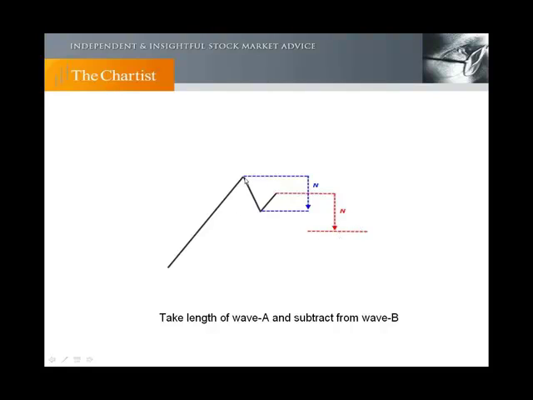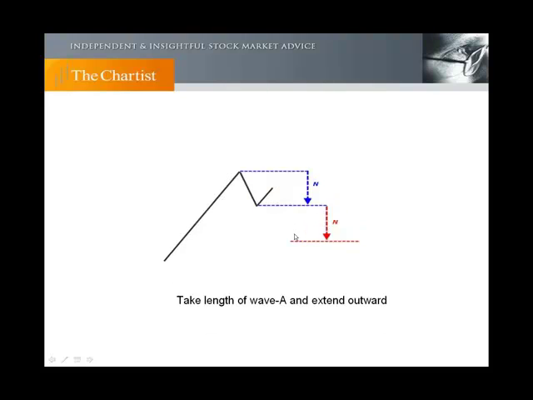That is called an external projection. Now, an external projection is when we extend outside of the wave we're talking about. The wave we're talking about here is this wave A right here. We're extending outside of that, not internally. And that's why it's called an external projection.